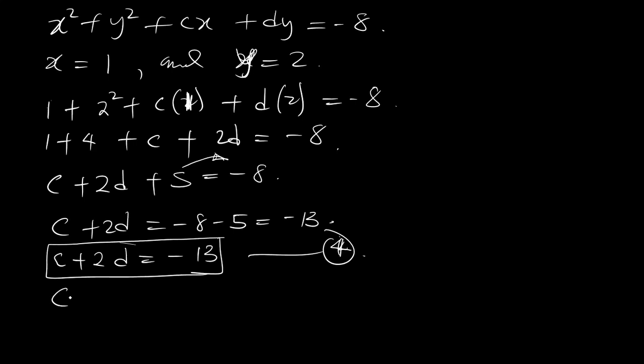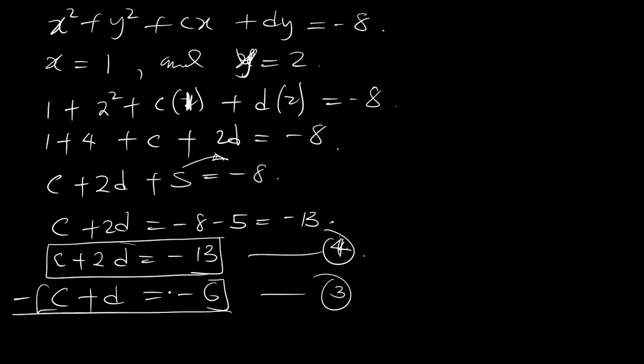So let's bring equation 3 here. You have c plus d equal to minus 6. So when we subtract equation 3 from equation 4, the c's cancel out. 2d minus d gives you d. So minus 13 minus minus 6 will give you minus 7.